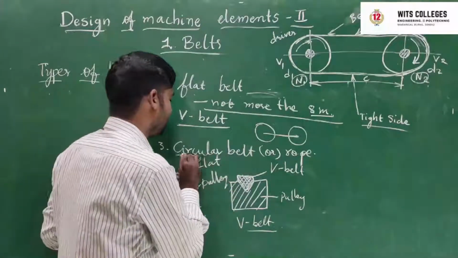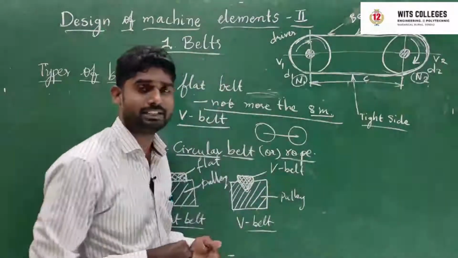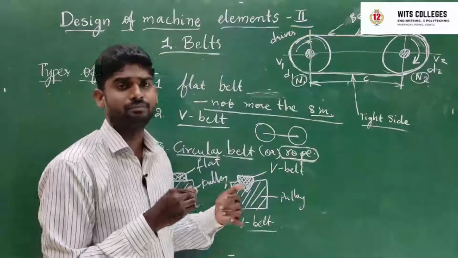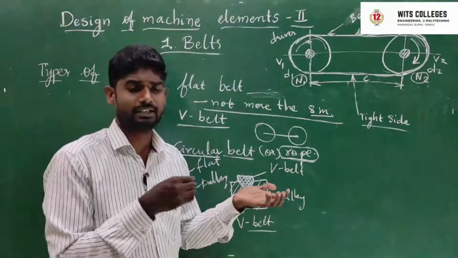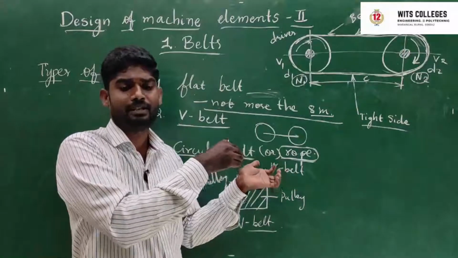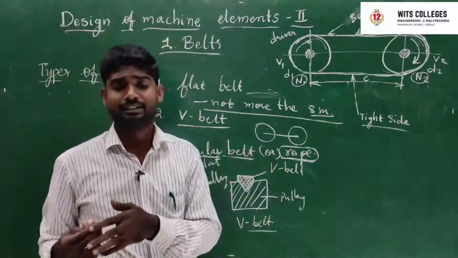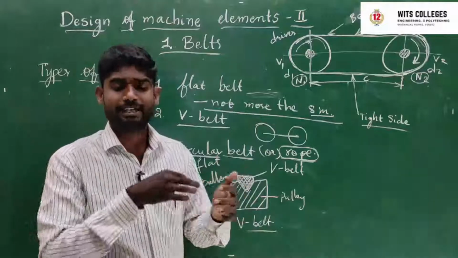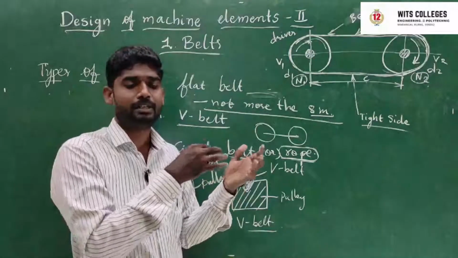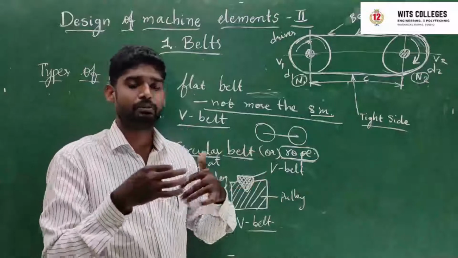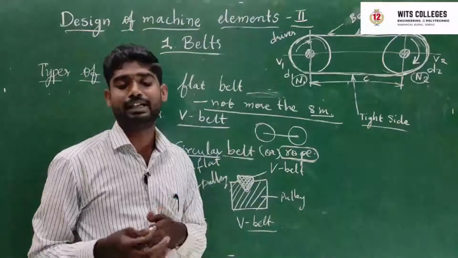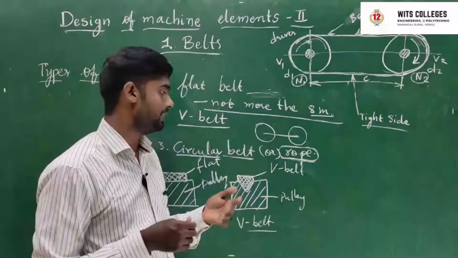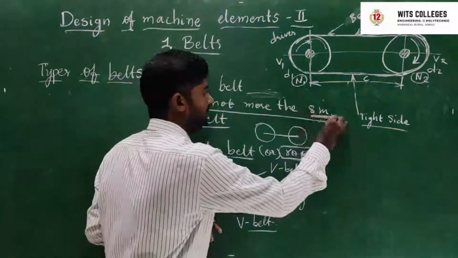Next, the circular belt, or rope. Already we know that rope. What is rope? We are using it in our water facilities. The circular belt rope is mostly used in factories and workshops where a very great amount of power is to be transmitted from one pulley to another pulley, when the two pulleys are more than 8 meters apart.